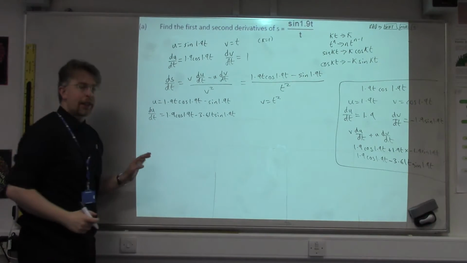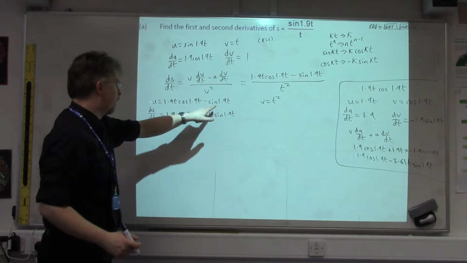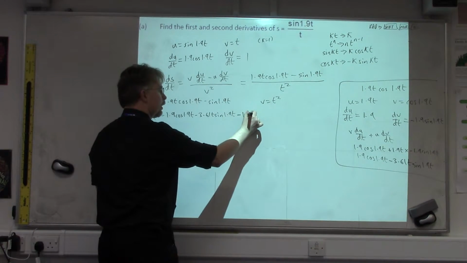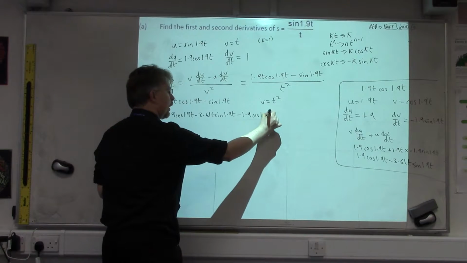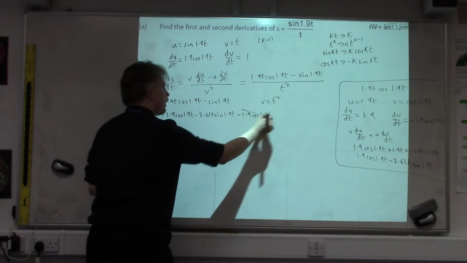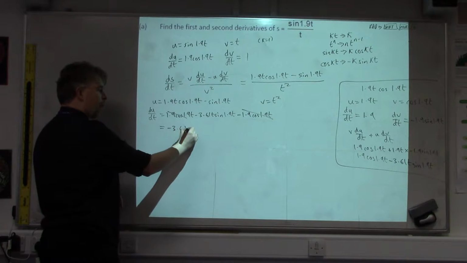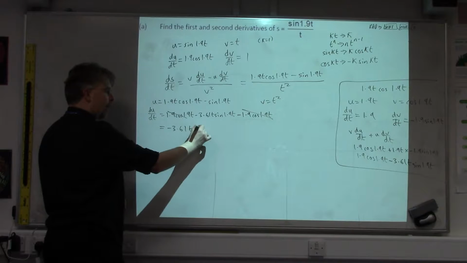And then we've got minus sine 1.9t: sine kt, the k goes to the front, so the 1.9 goes to the front, cos 1.9t. And what happens with this sort of expression is these two terms will cancel, so we'll just get minus 3.61t sine 1.9t.